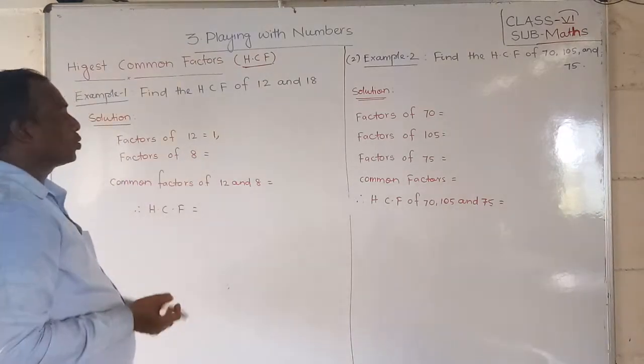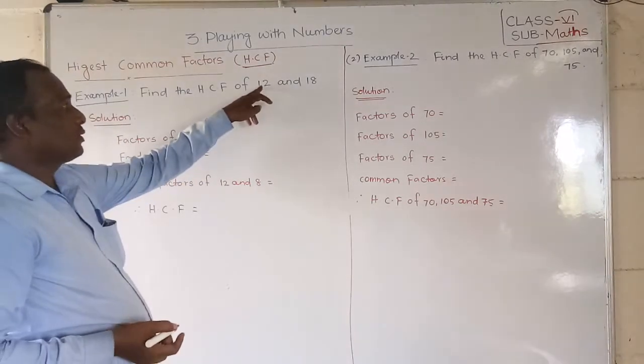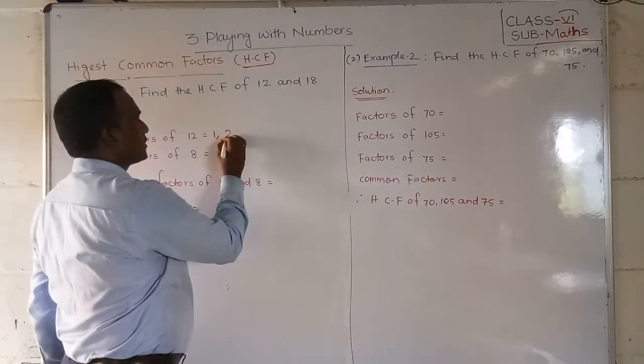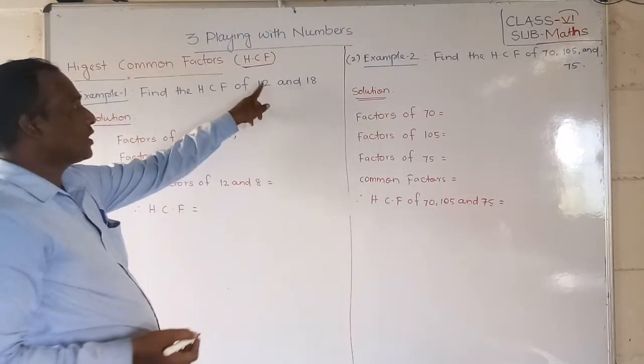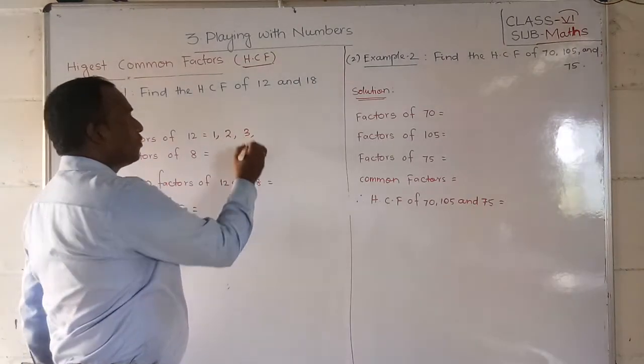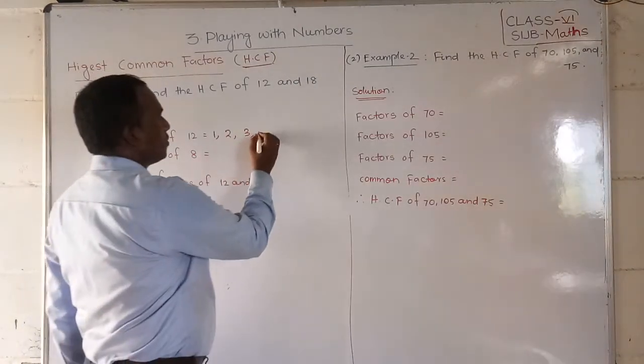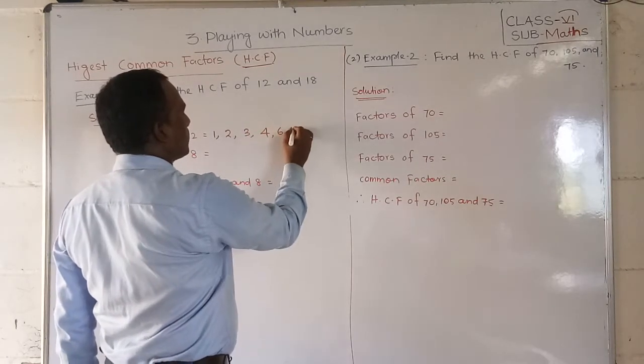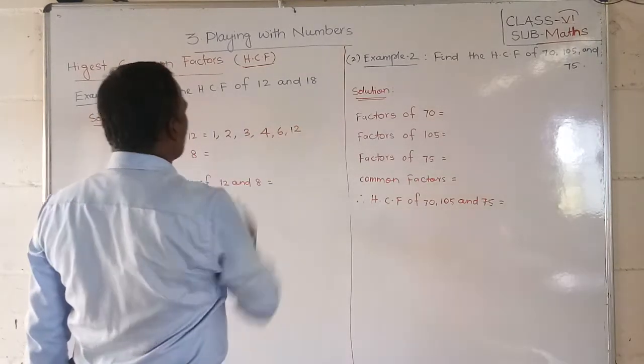Next, check whether 12 is divisible by 2. 2 times 6 is 12, so 2 is a factor. 3 times 4 is 12, so 3 is a factor. 4 times 3 is 12, so 4 also. 6 times 2 is 12, so 6. Next, 12 itself. So the greatest factor is 12.